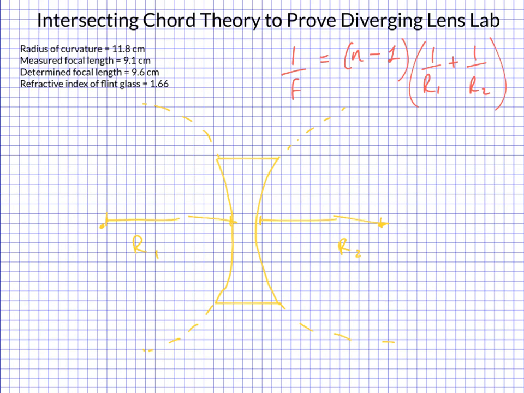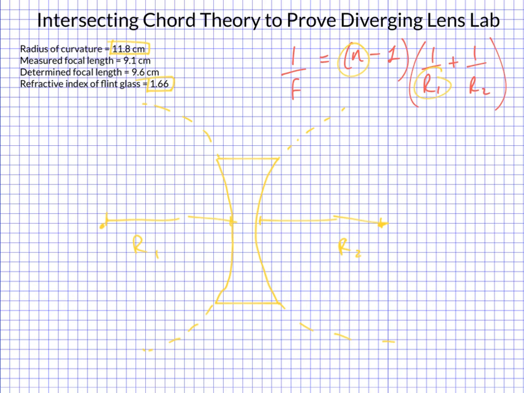Obviously with our lens, these are both the same, and this R value came from the radius of curvature that we just did with our intersecting chord theory. The N value here is the refractive index of the glass that the lens is made of, which I'm assuming is flint glass. And then these 2 values here were the ones that we had previously calculated and measured in the lab itself.